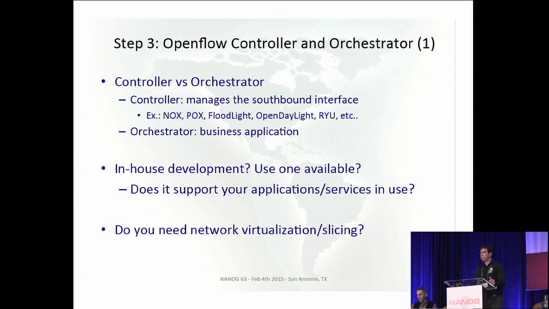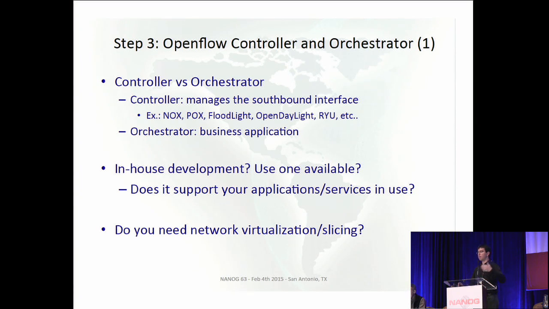Step 3 would be the controller: what controller and what orchestrator to use. The controller is the software that works in the southbound interface. It's the software that talks Openflow to the switch. It provides the API for your application. The application or the orchestrator is the business application. It's the service that you provide. It's the layer 2 VPNs, layer 3 VPNs, the IP traffic, QoS, everything that you have in the network is an application.